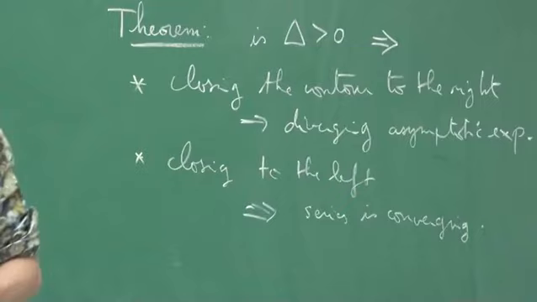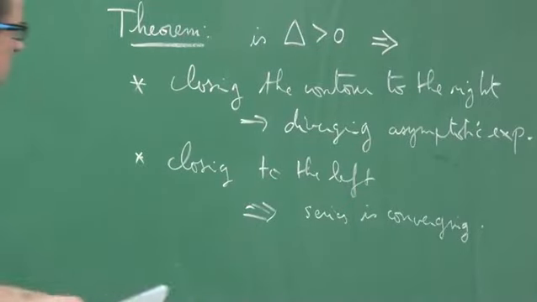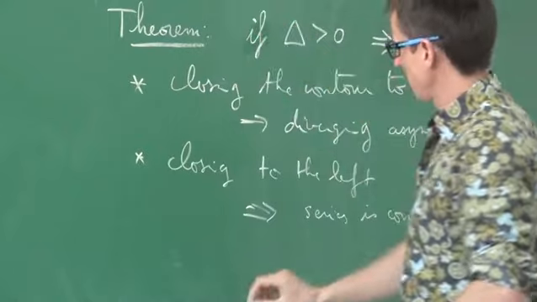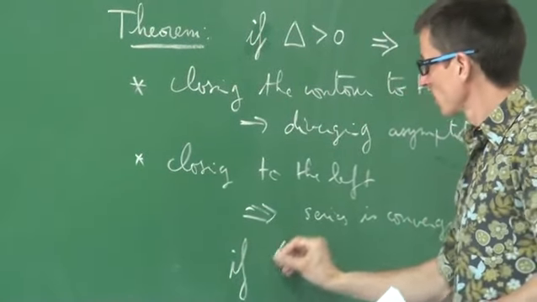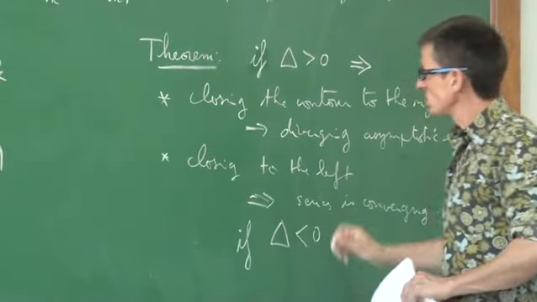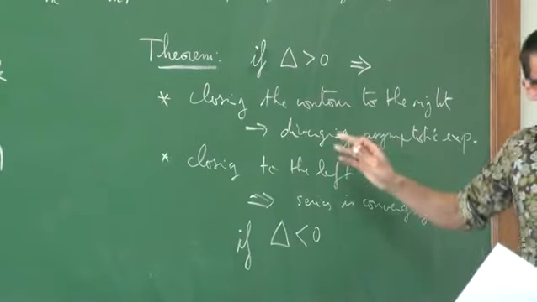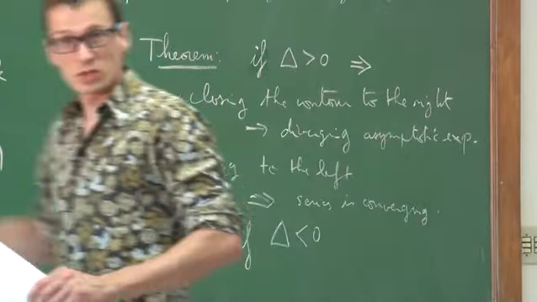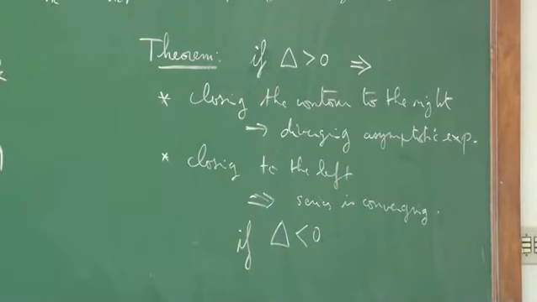And of course, if delta is negative, it is the converse situation. Okay? By closing the contour to the left, you have the asymptotic expansion, and to the right, the convergent series.